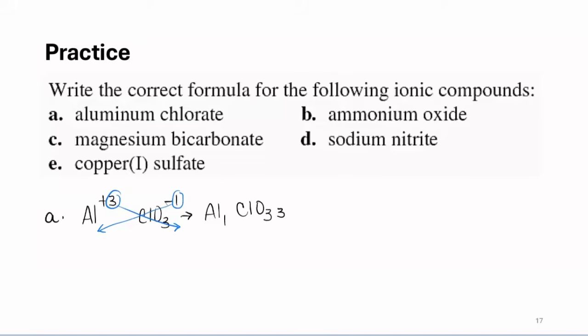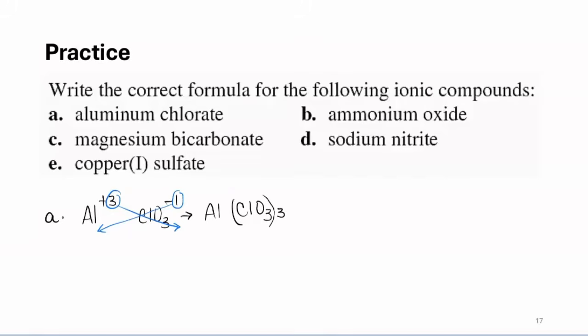Remember, when we are writing chemical formulas, if you assign a subscript of 2 or more to polyatomic ions, you must put them in parentheses. Here, for aluminum, we need to erase that subscript of 1. So the correct chemical formula for aluminum chlorate is Al, then in parentheses ClO3, and outside of the parentheses, 3.